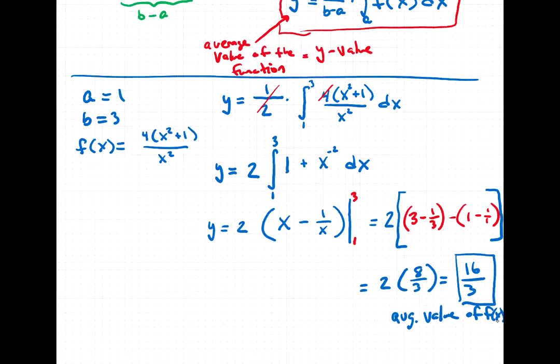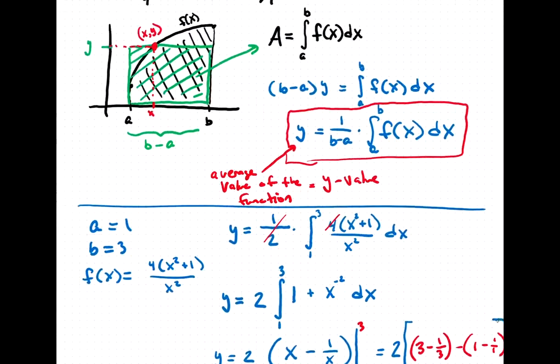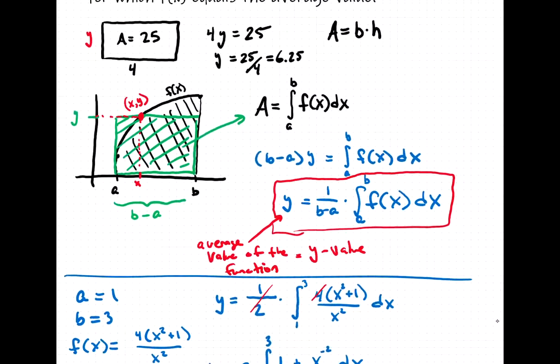Okay, so I'm going to scroll back up to the graph. So now this point right here in red, we just found the y value. The y value of that point. And now this is not the graph of 4x squared plus 1 over x squared, but just in general, we found the y value of this point, or the height of the rectangle.